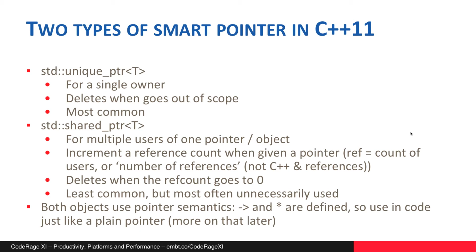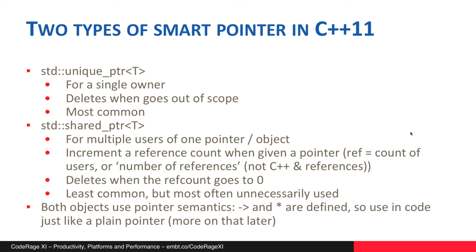Smart pointers should always be used in your code. If you can possibly avoid it, never use a raw pointer. But I've seen a lot of code that used a shared pointer when a unique pointer would have been better, and I'll discuss this in a couple of minutes. Before going on, it's worth noting that both objects use pointer semantics, so they define operator arrow and asterisk.